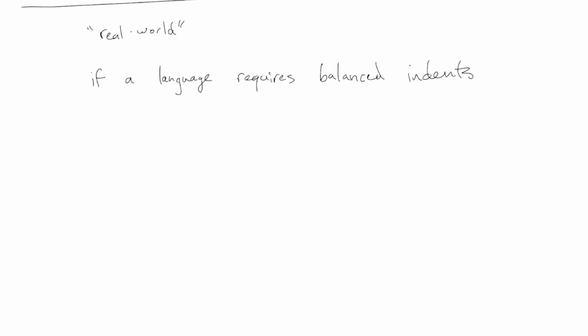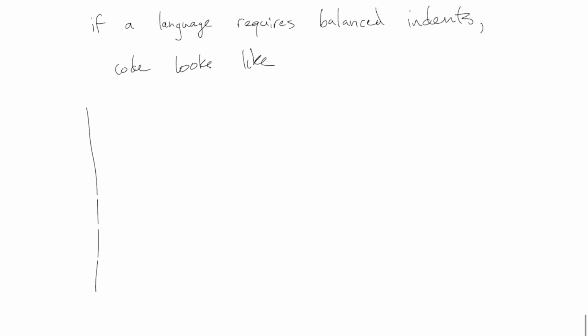If a language requires balanced indents, that means the code looks something like, let's say this is the side of your code window. You have some stuff here, and then in Python it's a colon, and that means you're going to indent the next stuff. These T's represent tabs, because that's how you indent stuff, right?